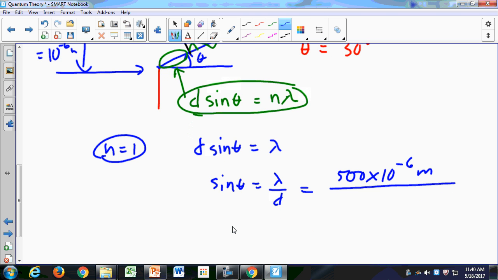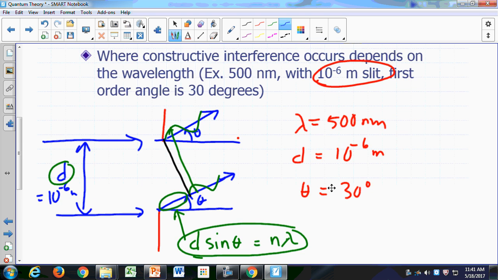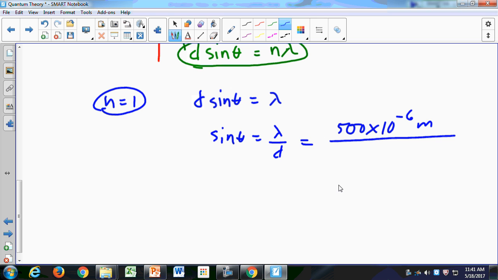divided by the slit size d, which is 10 to the negative 6 meters. Oops, nanometers, so lambda is 500 times 10 to the negative 9 meters.